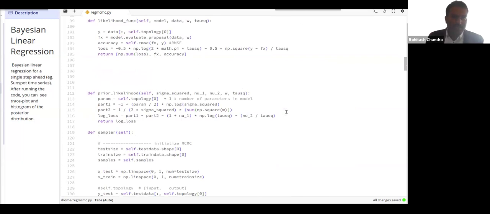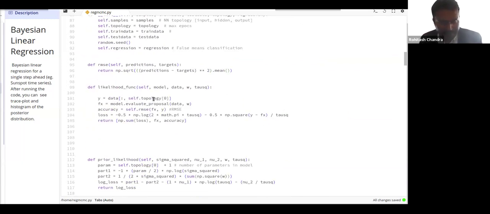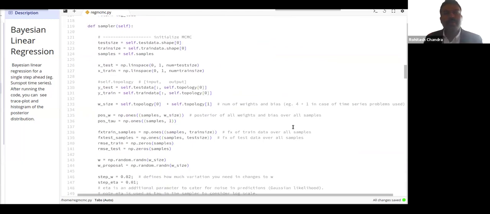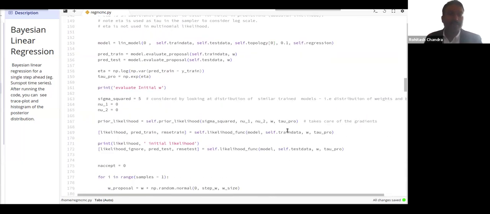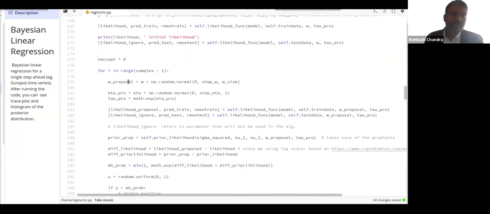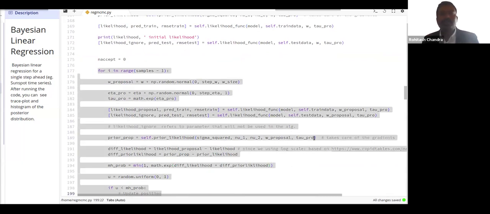And we saw the code with the implementation of the likelihood function, the prior, and the sampler with the number of samples running in this for loop.